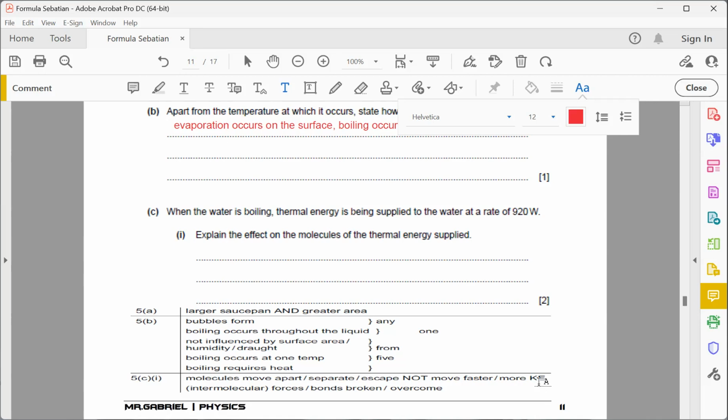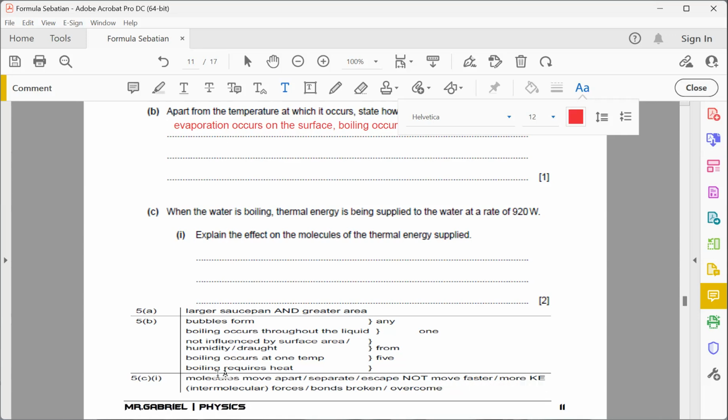I heard the whole section is down. What? Sorry? But I read the bonds are broken, but they say not. Maybe don't write more kinetic energy. I'm not quite sure about this, but to my understanding, they definitely gain more kinetic energy. But probably don't write this because I'm not too sure.